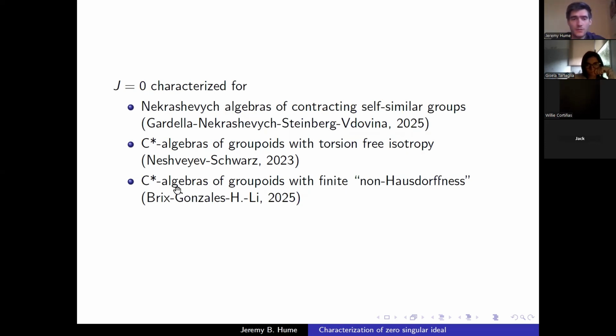And this year, C-star algebras of groupoids with a finite non-Hausdorffness were also characterized. I won't go too much into what this means, but it's a condition that includes the class of Nekrashevych algebras of contracting self-similar groups. And this was done by Brix, Gonzalez, me, and Chen Li.